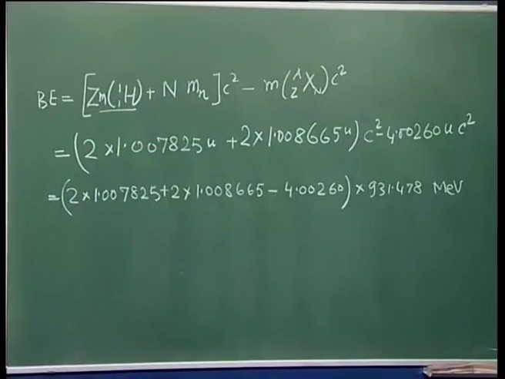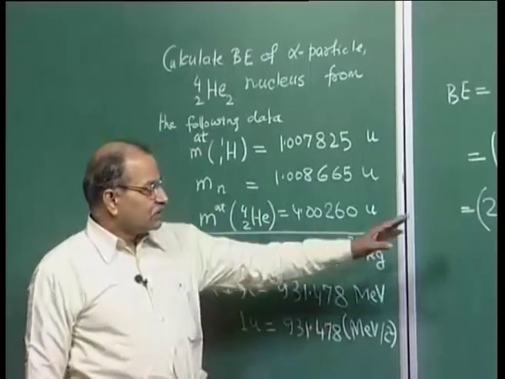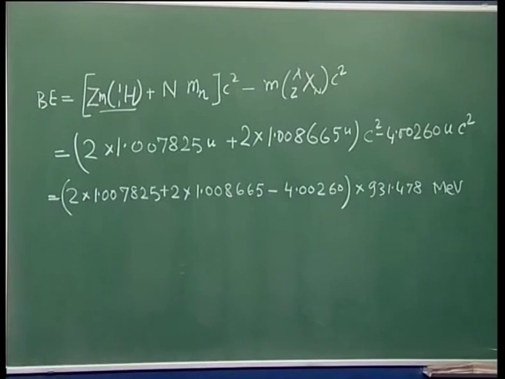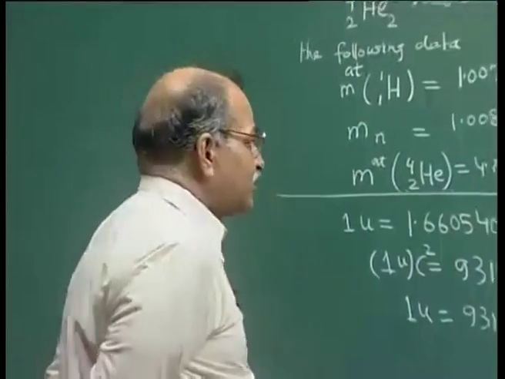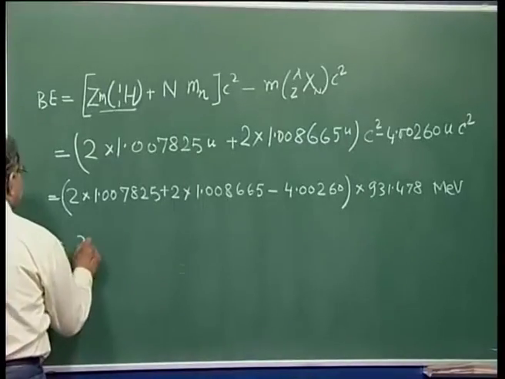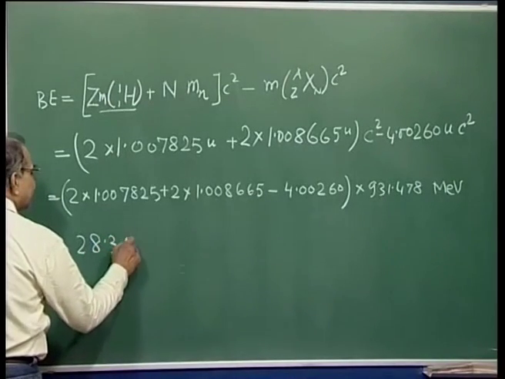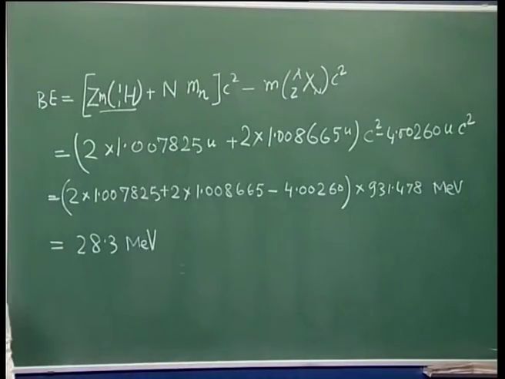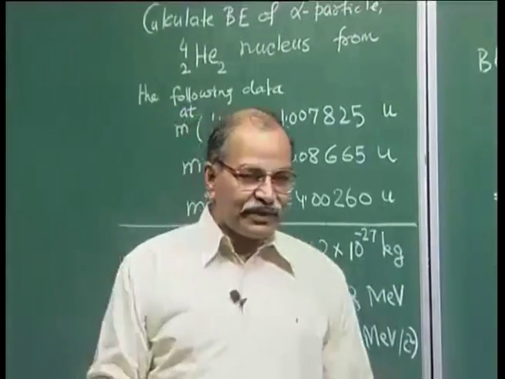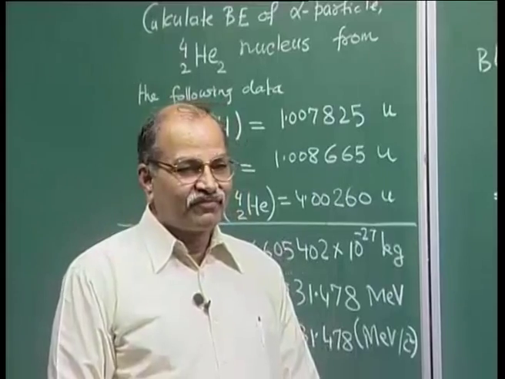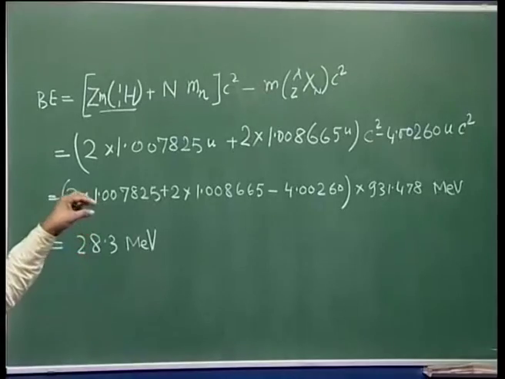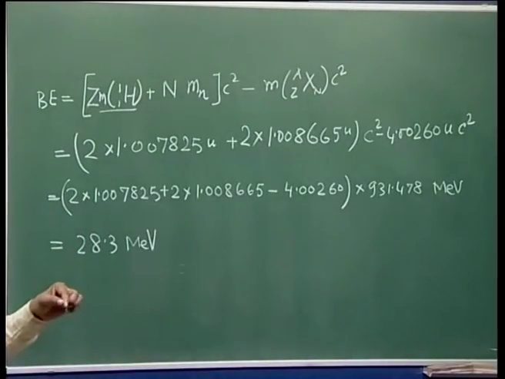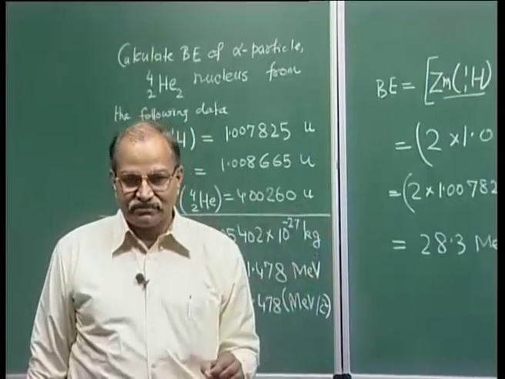Okay, 1 u times c squared is 931.478. So now you calculate on your calculator and tell me the result. 28.29, that's 28.3 MeV. So this is how one calculates binding energy from the known atomic masses.